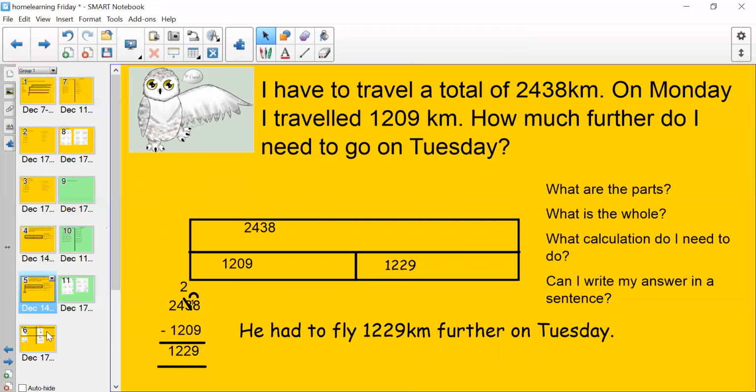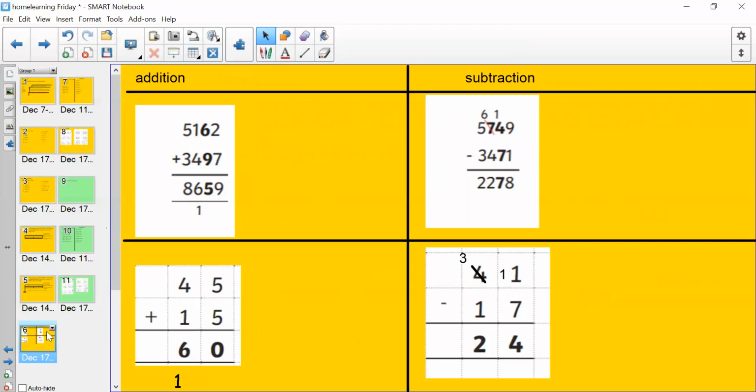Right, so if we have forgotten how to do column addition and subtraction with regrouping, here are some examples just to refresh your memories. So if we look at the addition side, we can see that the ones column, which is where we always start adding, there is no regrouping needed. So we've got 2 plus 7 equals 9. Then we move on to the tens column, where we've got 60 plus 90, which equals 150.